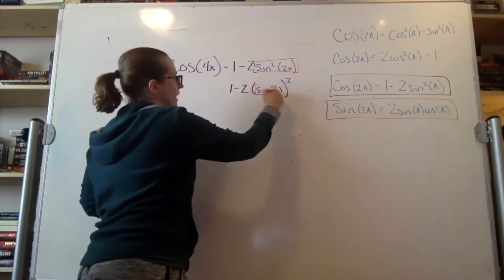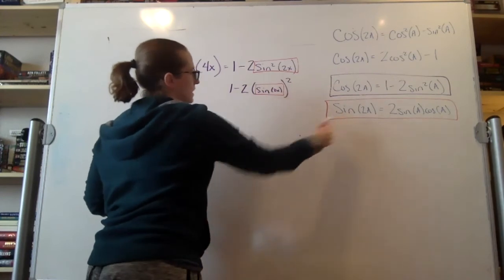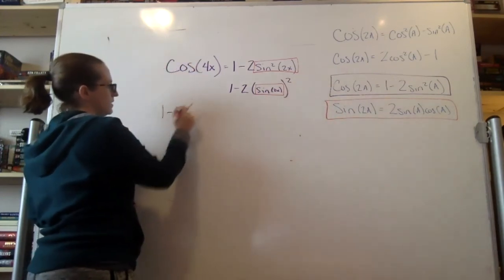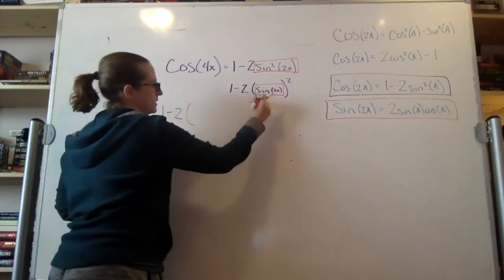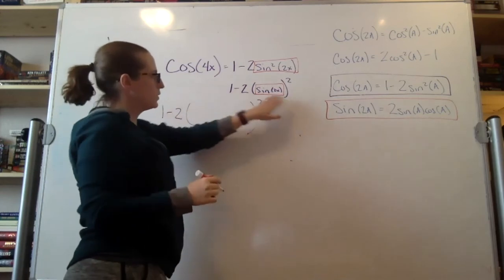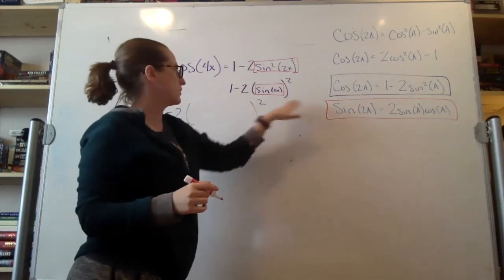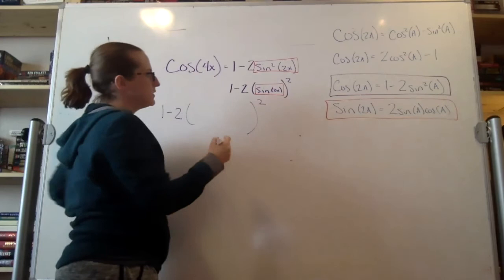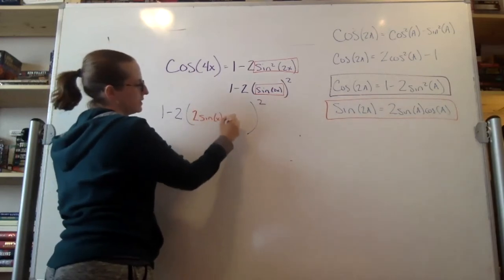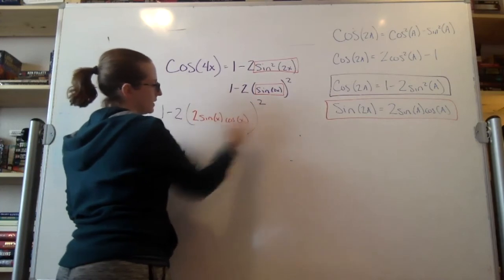And we're going to rewrite this piece using this equation here. So I'll have 1 minus 2 times something squared. That something is going to use this sine of 2x formula to replace sine of 2x. So sine of 2x becomes 2 sine of x cosine of x.